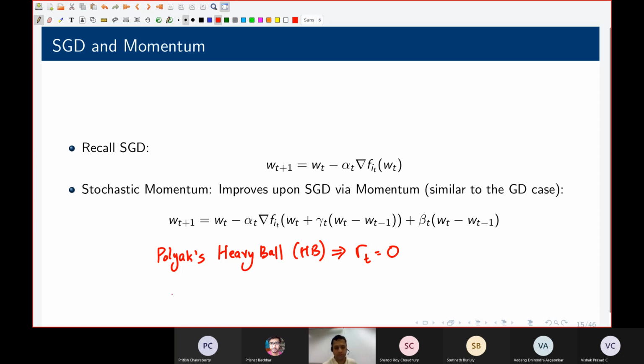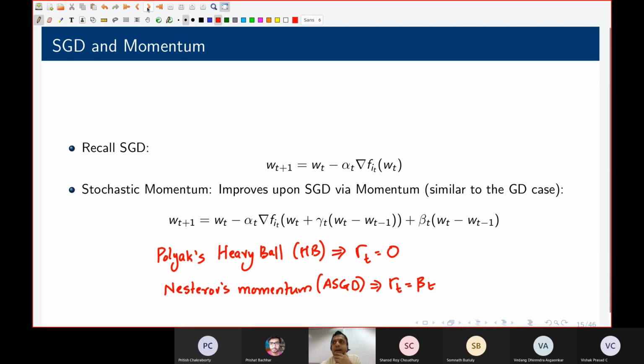With Nesterov, okay, this is also called accelerated gradient. I think we'll call it accelerated stochastic gradient descent. Yeah, what would happen? Gamma t would be beta t. Okay, now I'll be adding a little bit more complexity. So we are starting just from recapping.